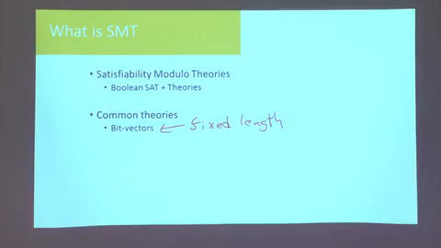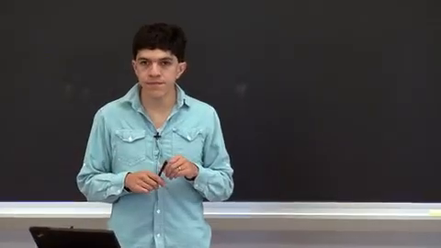That means that if you're interpreting your formulas in this theory of fixed length bit vectors, you have to fix the length of the bit vectors. You have to explicitly specify that these are going to be 32-bit bit vectors, or 8-bit bit vectors, or 64-bit bit vectors.